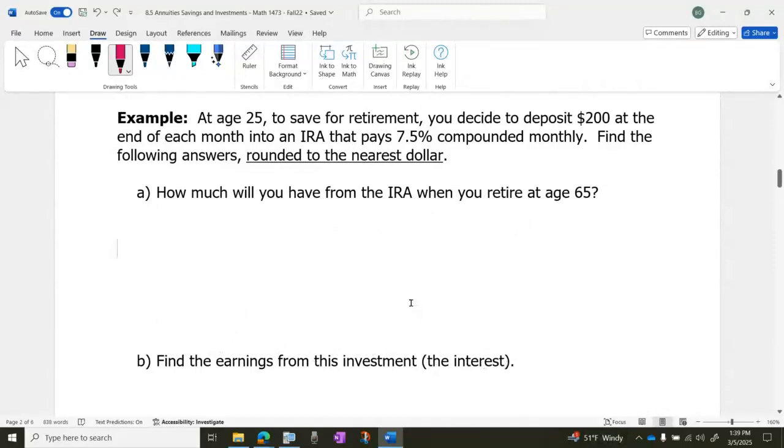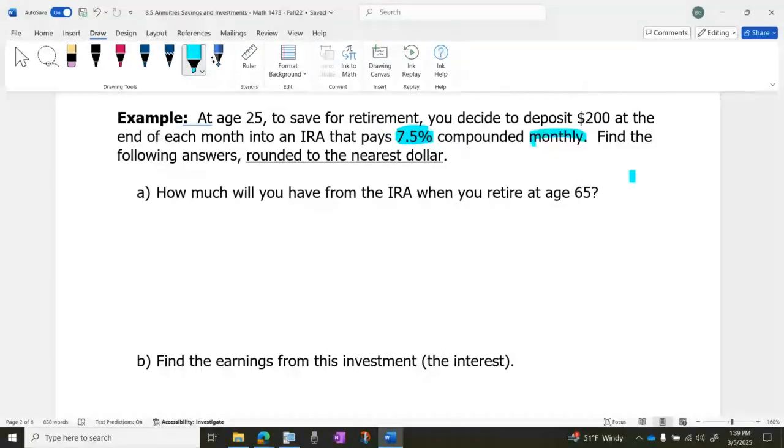Let's see, what do we have? The annual interest rate is 7.5%. Let me highlight the information we have. And how does the account compound interest? The interest is compounded monthly.